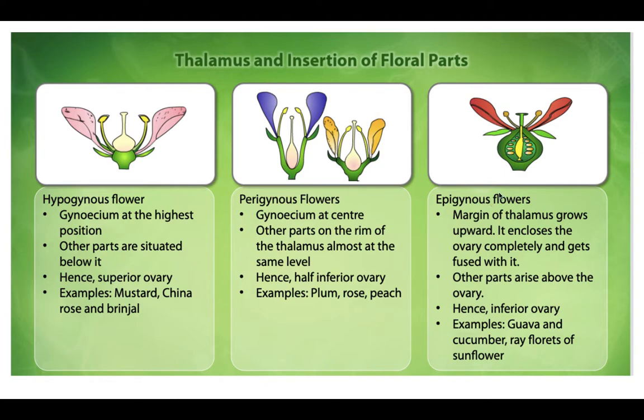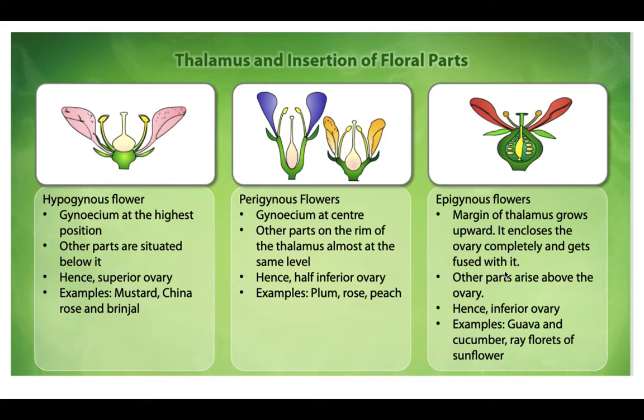And epigynous flowers are the flowers where the margin of the thalamus grows. In that you can see how the margin of the flower grows upward, and it encloses the ovary completely and gets fused with it, that you can see here. The whole ovary gets fused inside the thalamus, due to which during fruit formation the thalamus also participates.